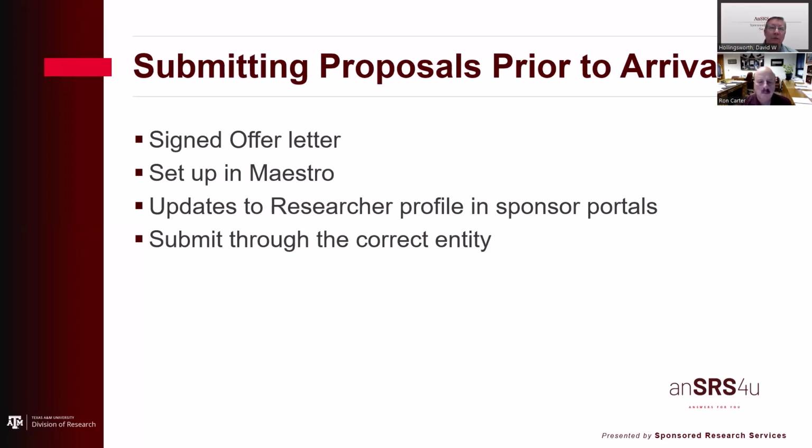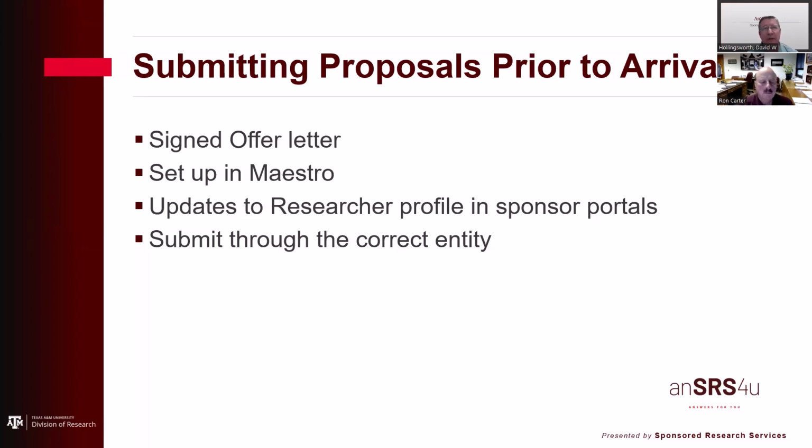Many of those types of portals will allow you to have multiple affiliations. So they can be affiliated with Texas A&M, since sometimes their proposals might go through Texas A&M, and they can also be affiliated with TEES, which, if they're in engineering, is the normal way for them to submit their proposals.